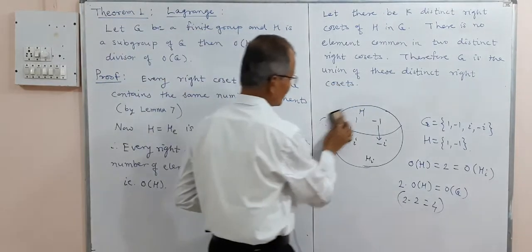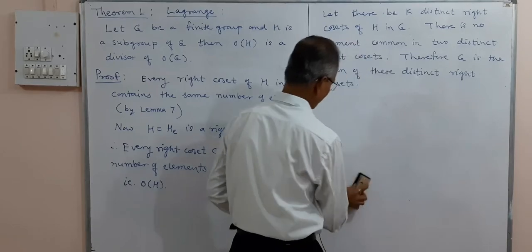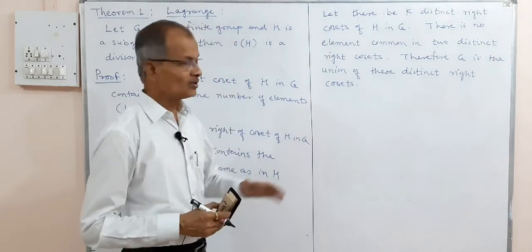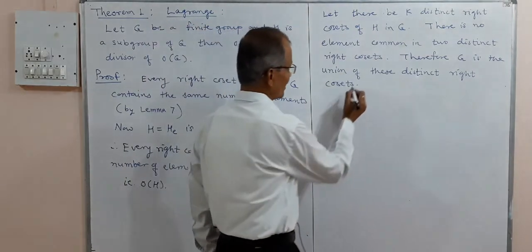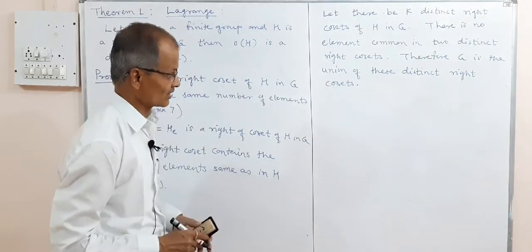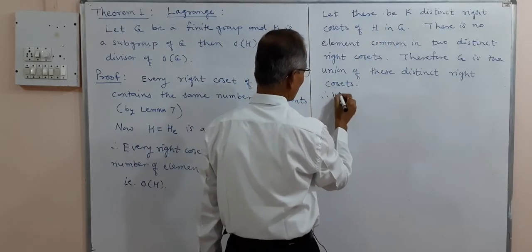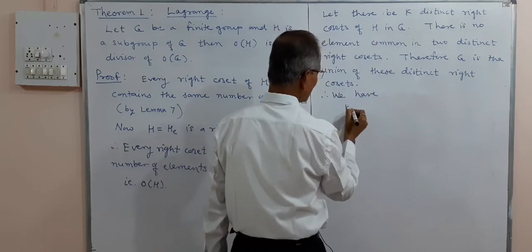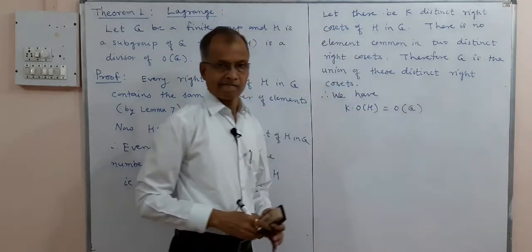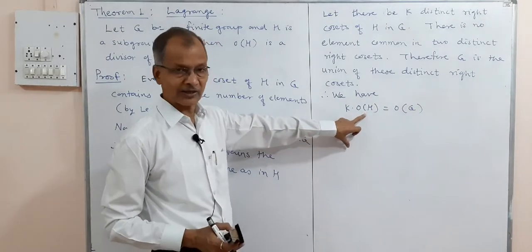The number of right cosets is k. Since every element A in G is in the unique right coset HA, G is the union of these distinct right cosets, and there are k of them. So we have k into order of H is equal to order of G, because there are k right cosets and each right coset contains order of H elements.